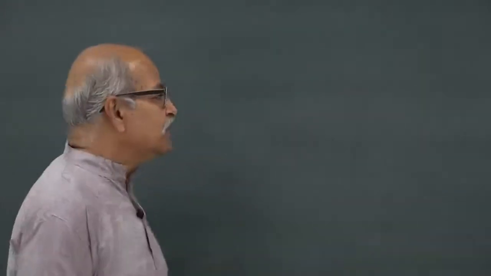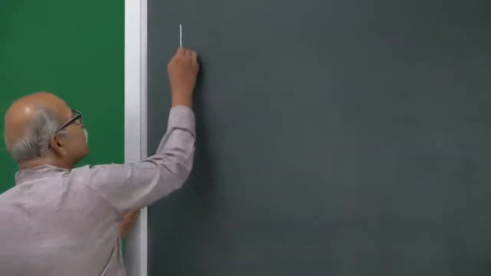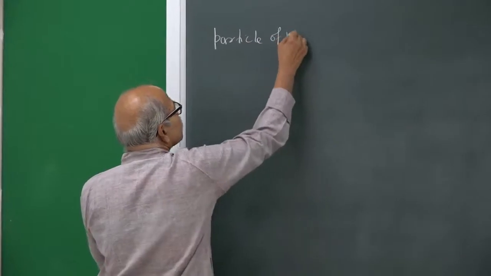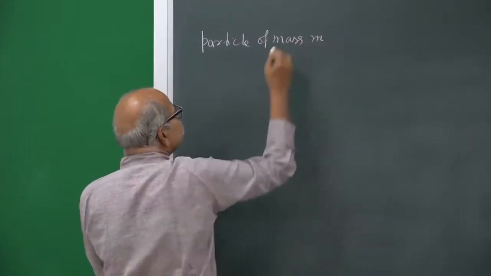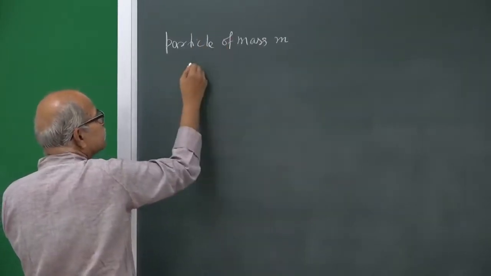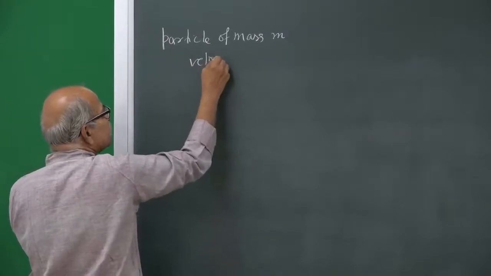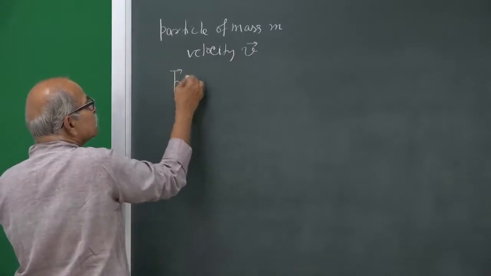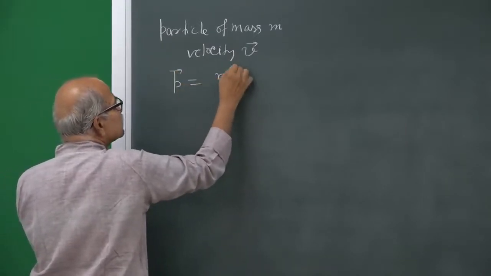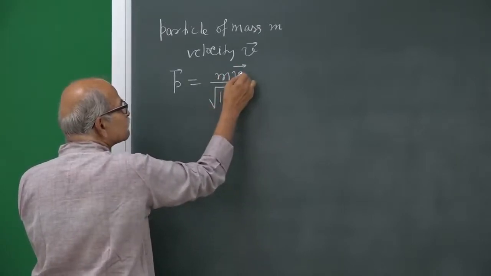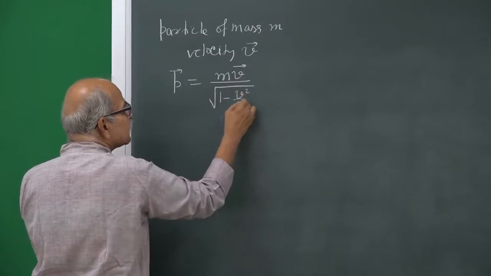And as we had seen, if you have a particle of mass m and it goes with a velocity, let us say v, and then we define a quantity p which is mass times velocity, divided by square root of 1 minus v square by c square.